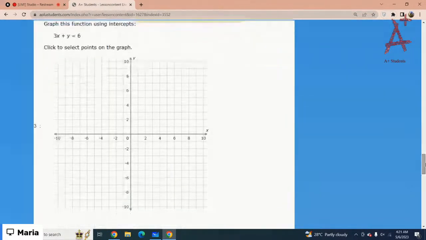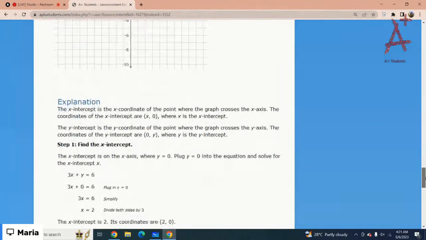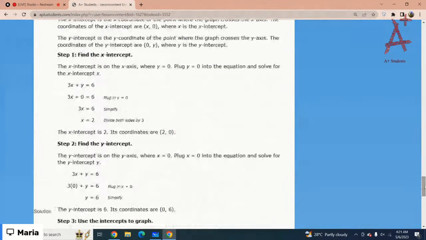Okay, the next one is graph the function using intercepts: 3x plus y equals 6. You need to do the same thing. You have to find the x-intercept and the y-intercept. For the x-intercept, you need to put y equals 0 in the equation. So it would be 3x plus 0 equals 6.